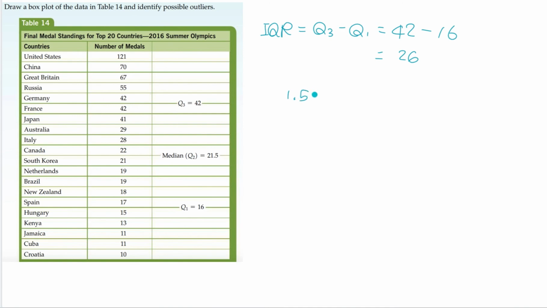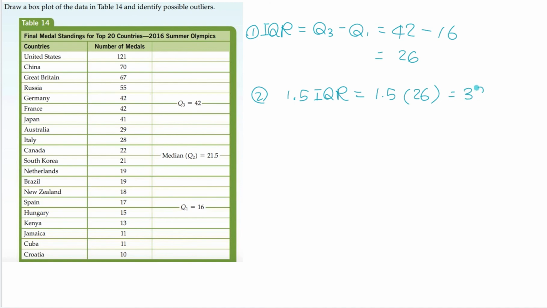Okay. Now, to find the outliers, what you need to do is you're gonna do 1.5 times interquartile range. You're gonna find that. Okay, after you find the interquartile range, find what's 1.5 times IQR. IQR is 26. Times 1 is 26, half of that is 13, so 26 plus 13 is 39.